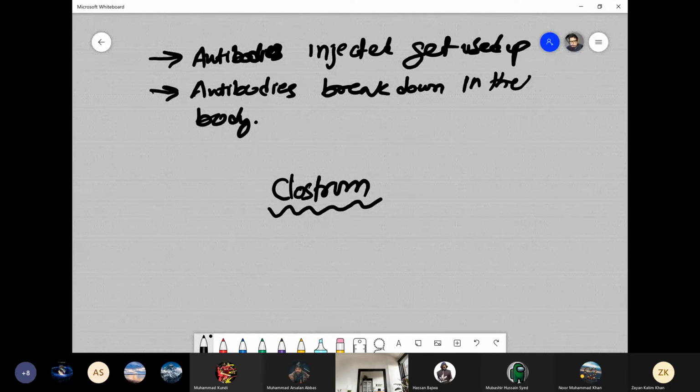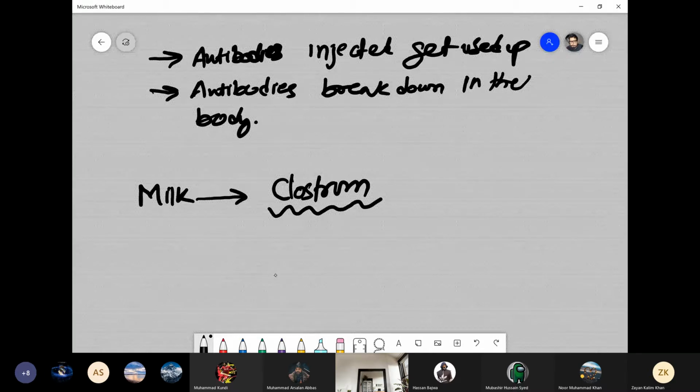Now when a mother, a mammal, is pregnant and gives birth to a young one, to a child, right after the birth, the milk that is produced in the mammary glands is called colostrum.